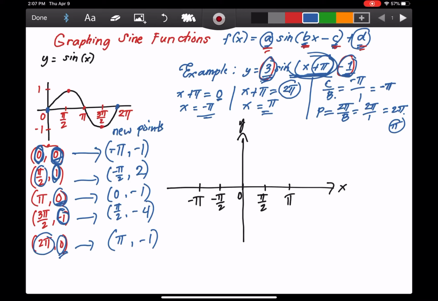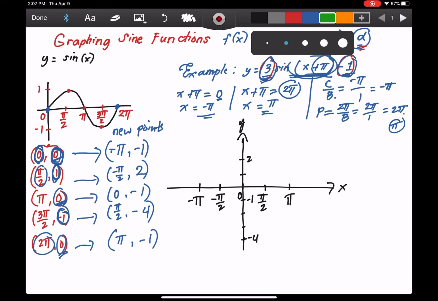points of the graph. Let's plot all those points on our xy plane. We have 1 and 2, because that's the highest point, and then negative 1, negative 2, negative 3, and negative 4. So we connect all the points now.